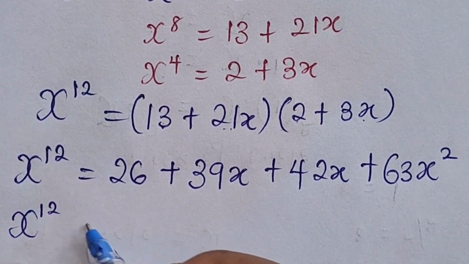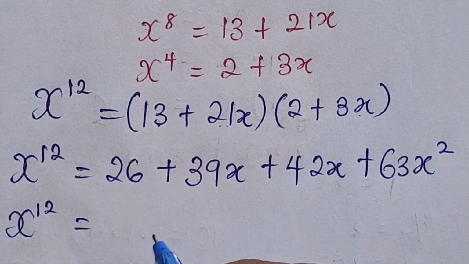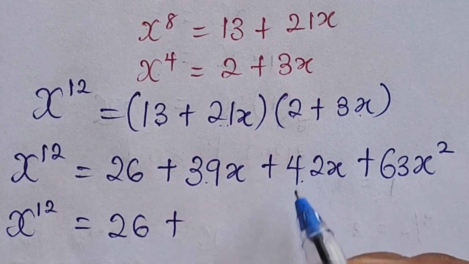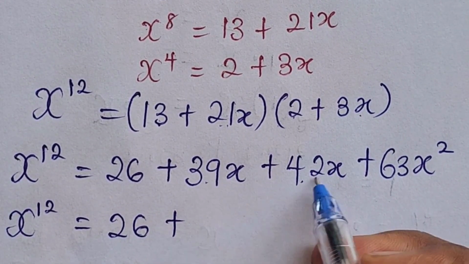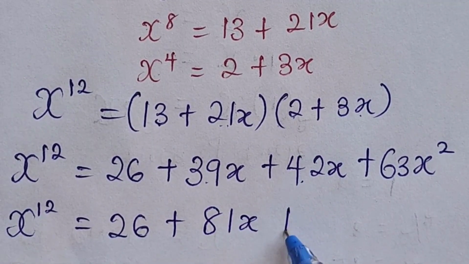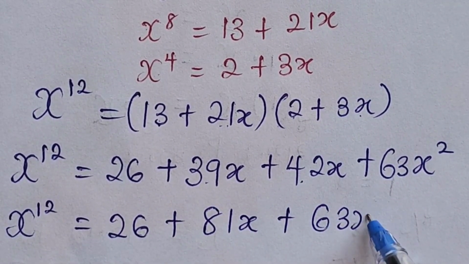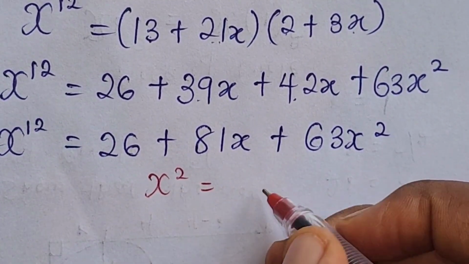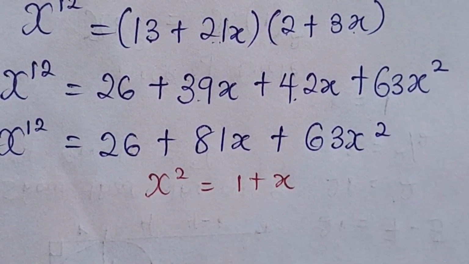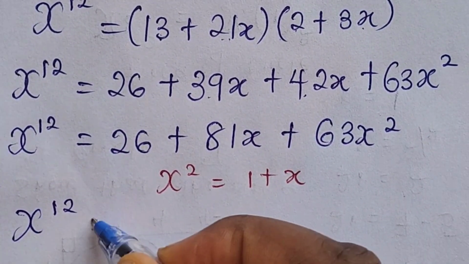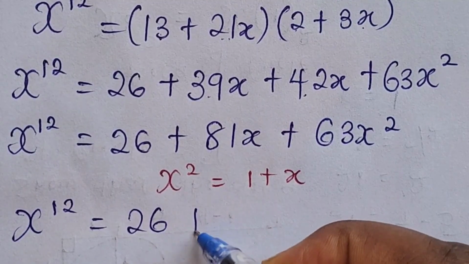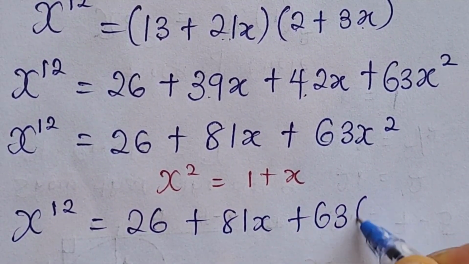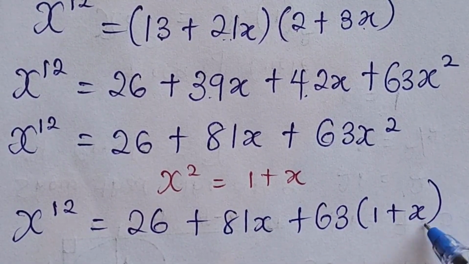So our x to the power of 12 is equal to, we have 26 plus 39 plus 42, we have 81x plus 63x squared. Let's recall our x squared is equal to 1 plus x. So we have x to the power of 12 to be equal to 26 plus 81x plus 63 times (1 plus x).